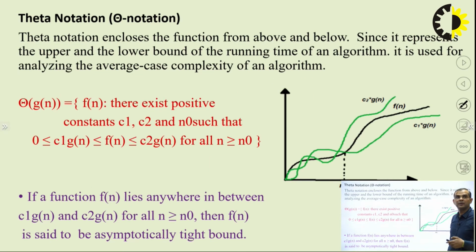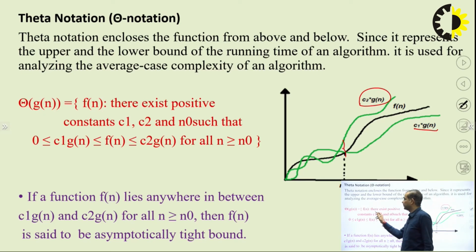Next one is the theta notation. It means that when we find a solution of a function f(n), one function lies below it, c1 of g(n), and the second lies above it, c2 of g(n), after the value of n0. Then it is defined by the theta notation. How can we represent it?